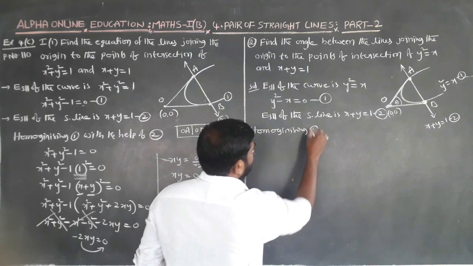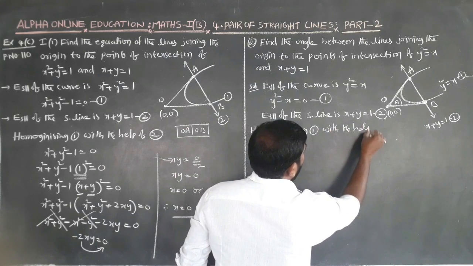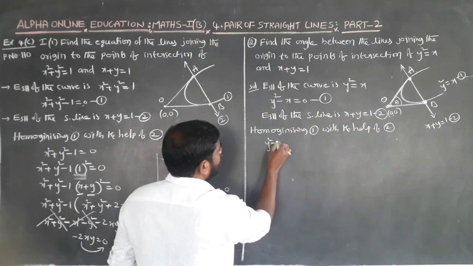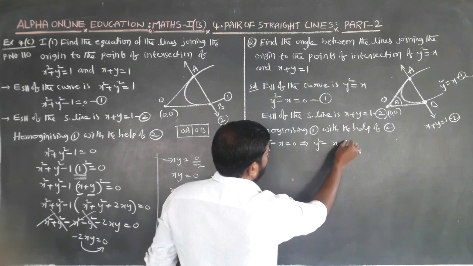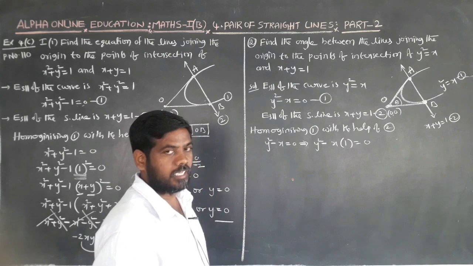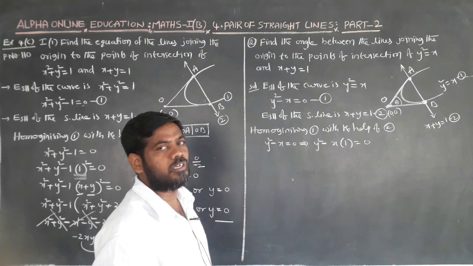Homogenizing one with the help of 2. y square minus x is equal to 0. y square minus x into 1: x into 1, y into 1, constant into 1 square.